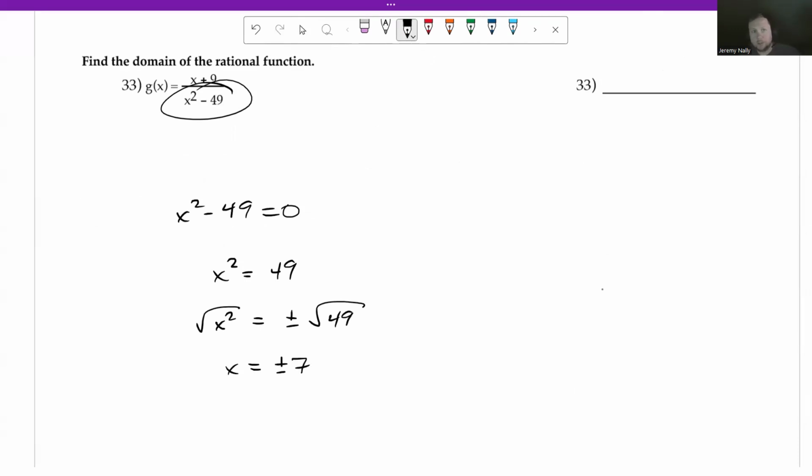So now, if we're talking about domain, these are values that are not in the domain because they would cause the expression to be undefined. If you use interval notation, make sure you go in the increasing order. If you use set builder, it's maybe a little bit easier to express these. So either way.